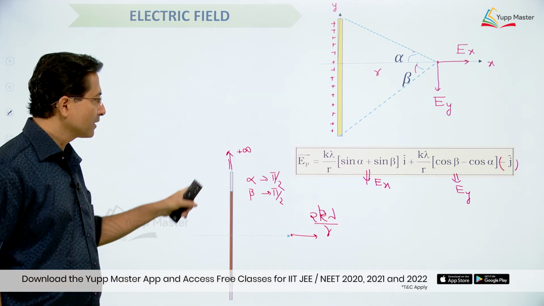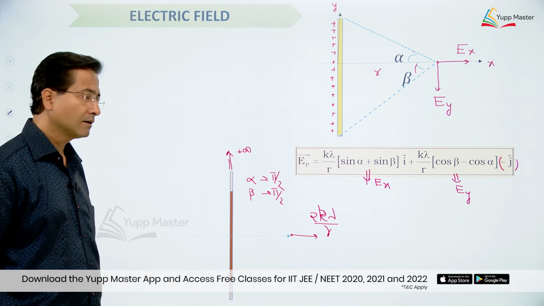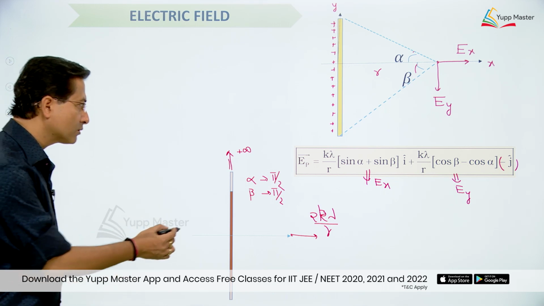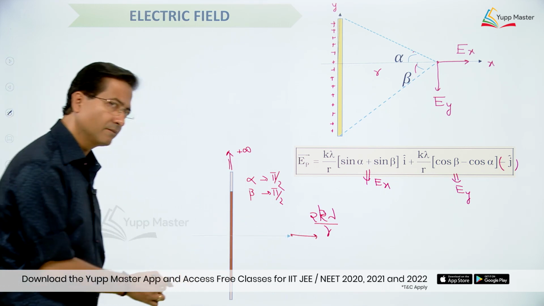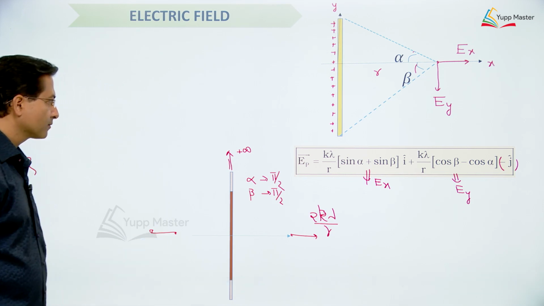So the field around an infinitely long wire will be away from the wire, perpendicular to the axis of the wire. That means for this particular point it is in this direction, and for this particular point somewhere here it will be in this direction.